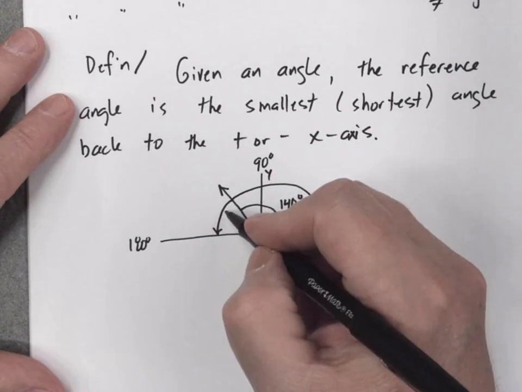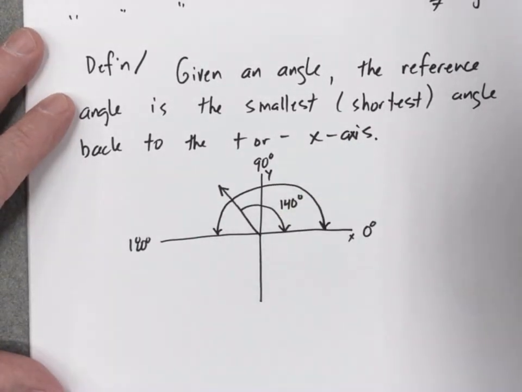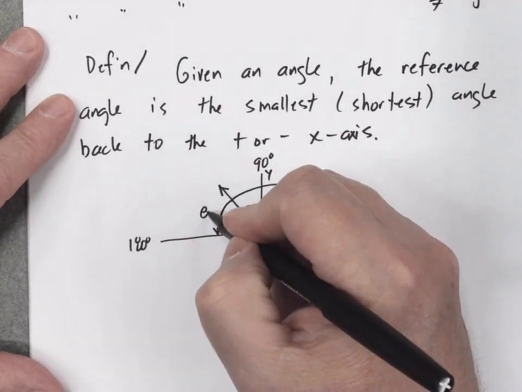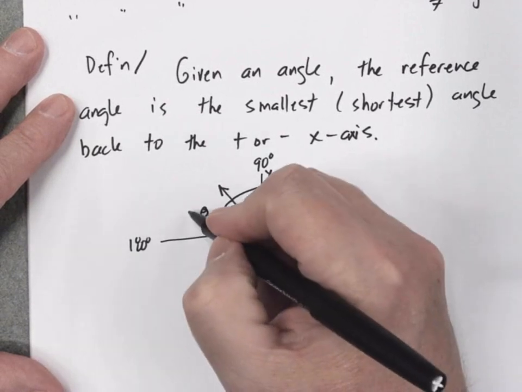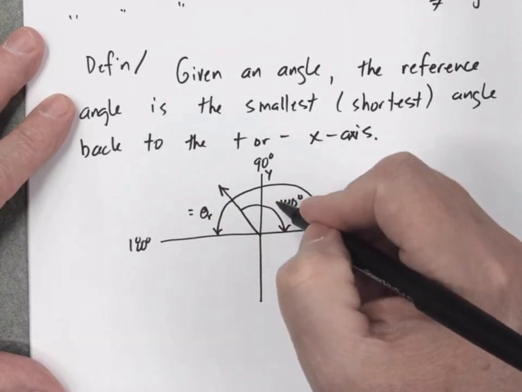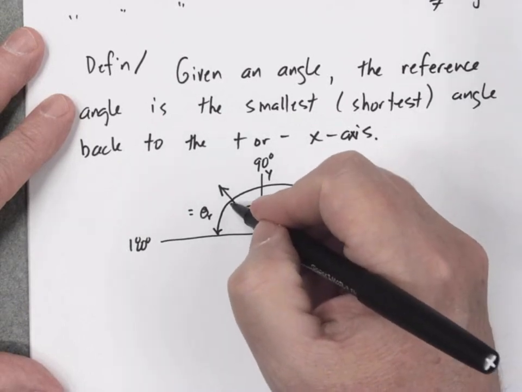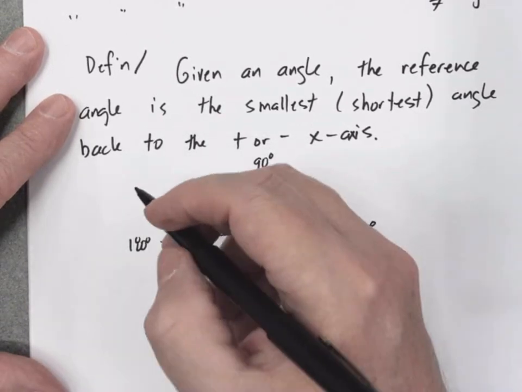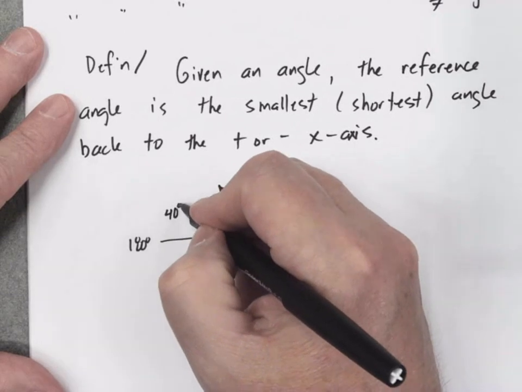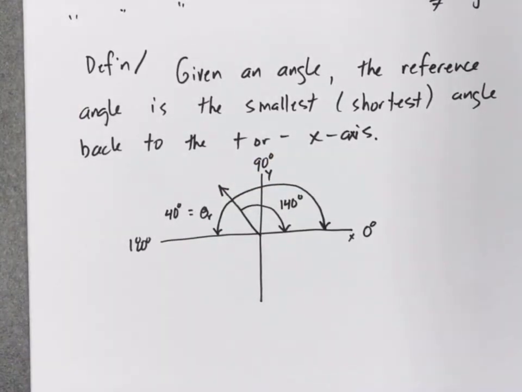Well, obviously, this angle is shorter, so this becomes the reference angle. And it's pretty easy to see if it's 130 degrees here, and this is 180, the reference angle is 50 degrees.